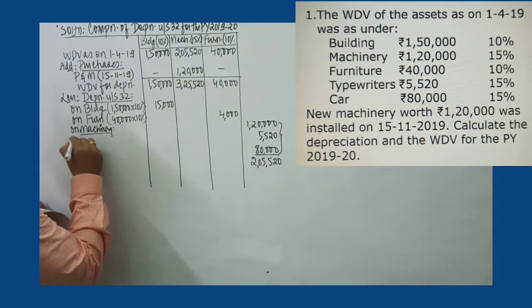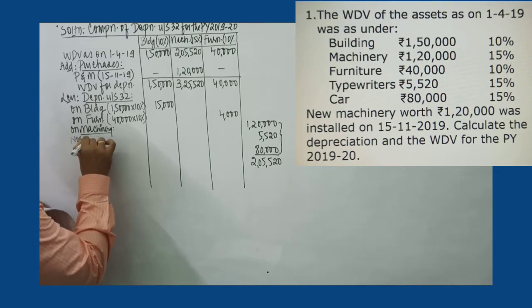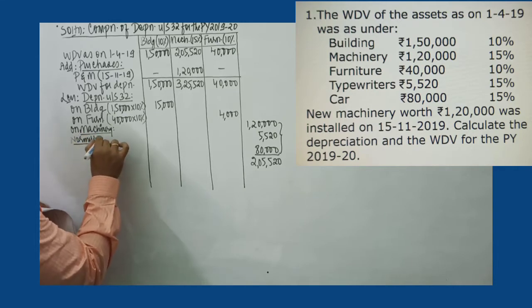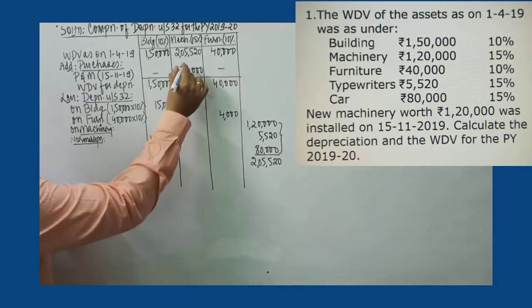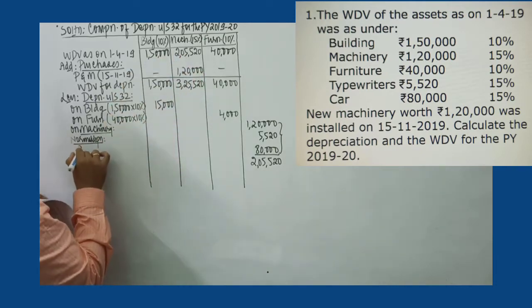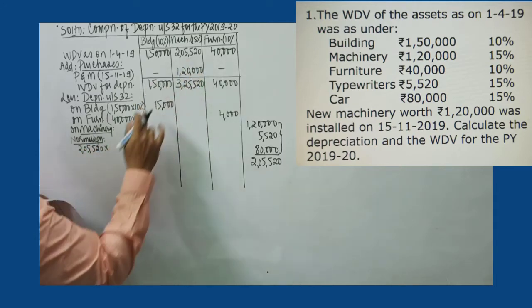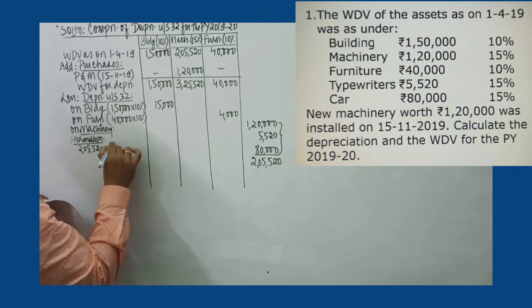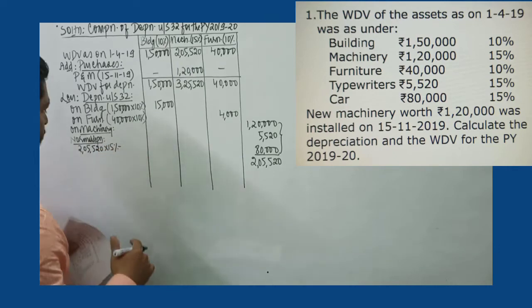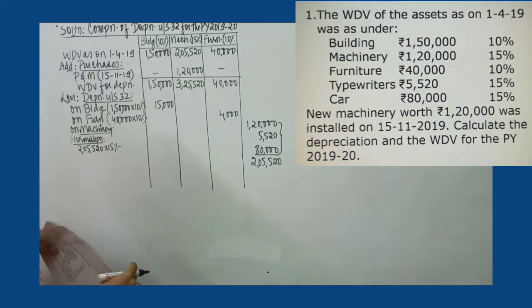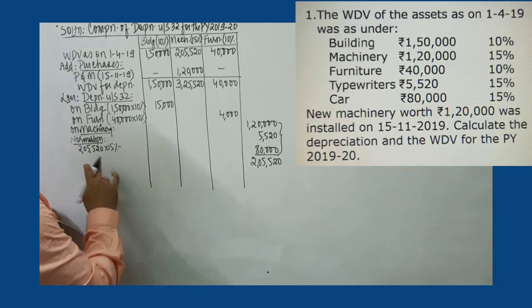So on machinery, I record first normal depreciation. Normal depreciation. So how much would be the normal depreciation on plant and machinery? So we have 2,05,520 into 15%. So 15% is the basic rate that we have. So 2,05,520 into 15%.